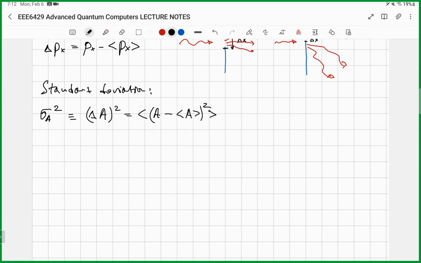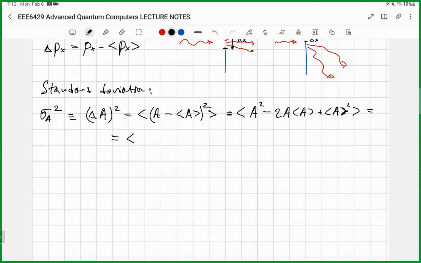So let's expand this equation. What I will get is the mean value of A squared, then minus 2A times the mean value, the expectation value, then plus the expectation value squared, and the mean value of all these terms.